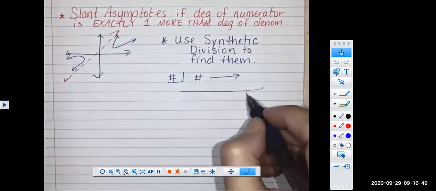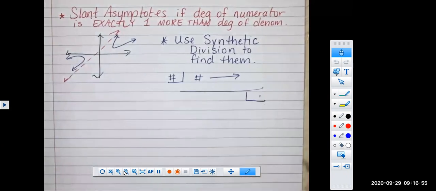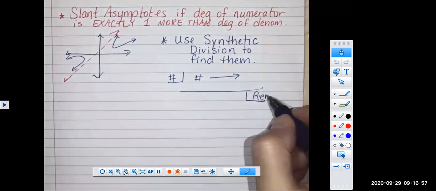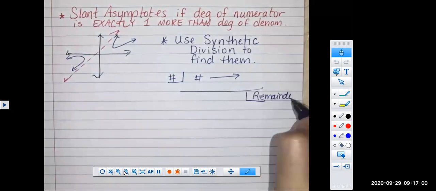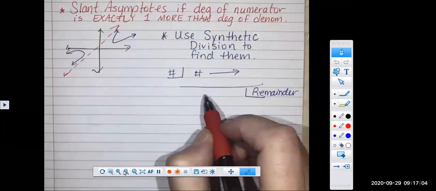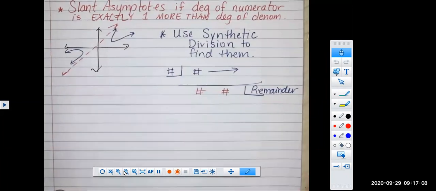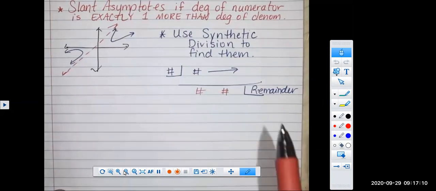And do y'all remember what this number that's left in this box at the end is called? This is always your remainder. Do y'all remember that? All right, this is how you get your equation. Whatever number is here and here, you don't care what the remainder is. So you really don't even have to do this last column if you don't want to.